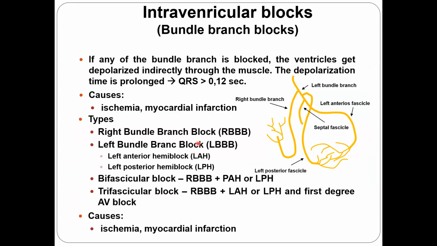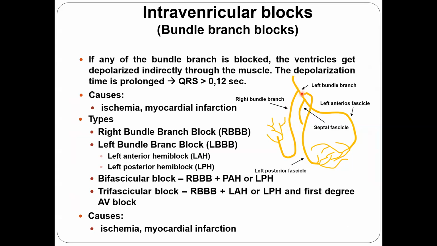Now, the next big chunk of these conduction abnormalities is the bundle branch blocks. A lot of the time you will face these bundle branch blocks. And of course, you know the bundles anatomically: when it's going from the bundle of His, very early, it has fascicles such as a right branch.